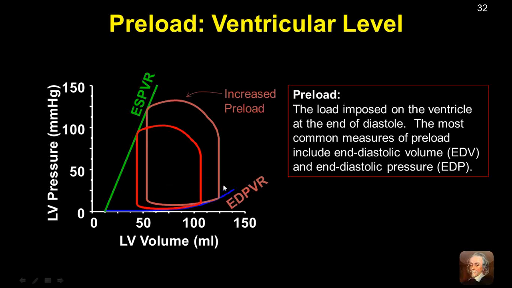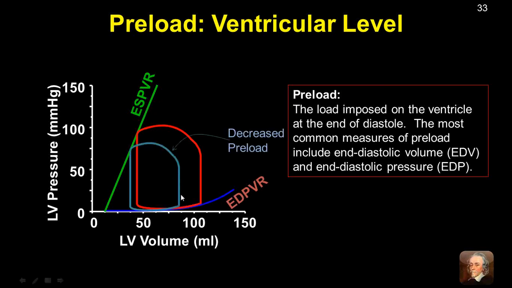When you do this, the pressure, the height, and the flow, the width, generating capacity of the heart increases. And this is a manifestation at the whole organ level of what we saw at the sarcomere level, where when you increase the sarcomere length, the force generating capacity increases. So this is what you see with an increase in preload, and this is what you see with a decrease in preload.